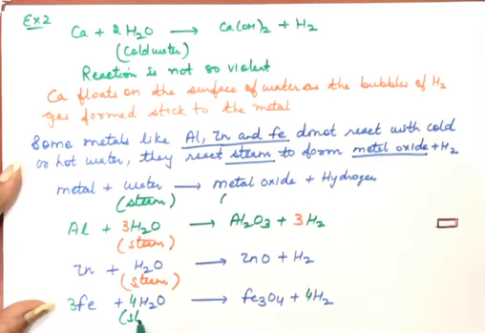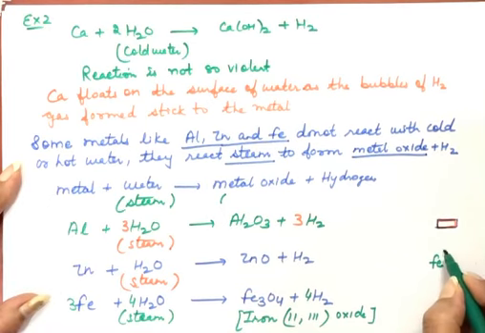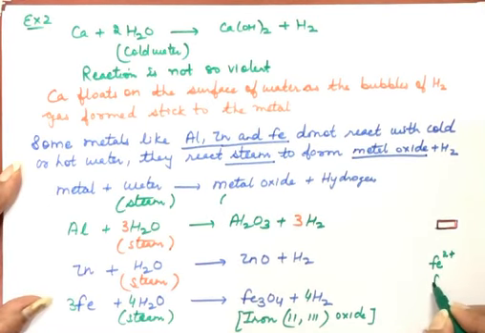This is steam, and this compound is called iron 2,3 oxide. There are two types of iron ions, with 2 valency and with 3 valency. So this 2,3 shows that this compound has both these ions. That is why this is called iron 2,3 oxide.